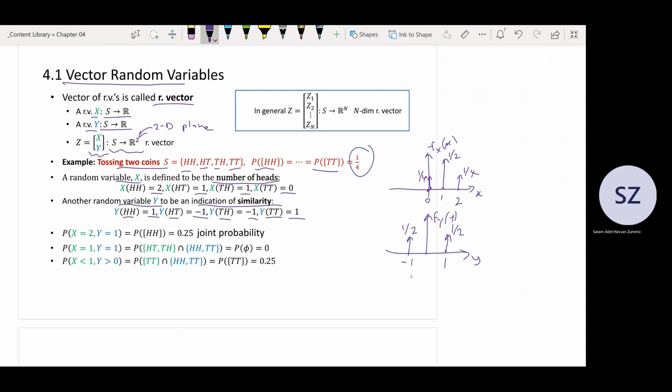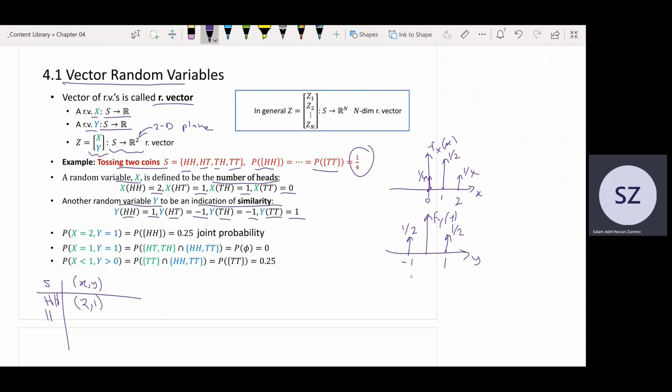However, they are related. Now let's see what the probability is that x and y take values together. That was the mapping for x alone and for y alone. What about together? Let us have a table with s, x, and y. If s is head-head, x equals 2 and y is 1.